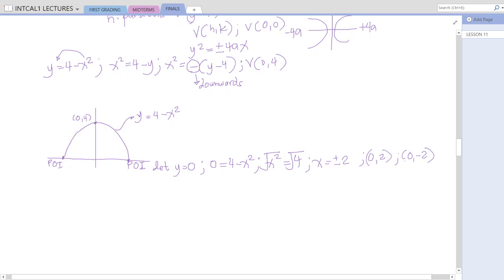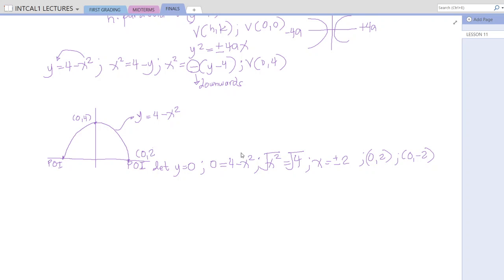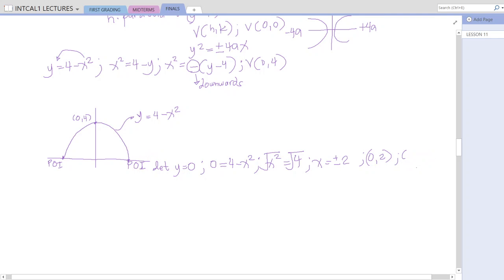So the points of intersection are positive 2 and 0, and negative 2 and 0, since that is x and this is y.